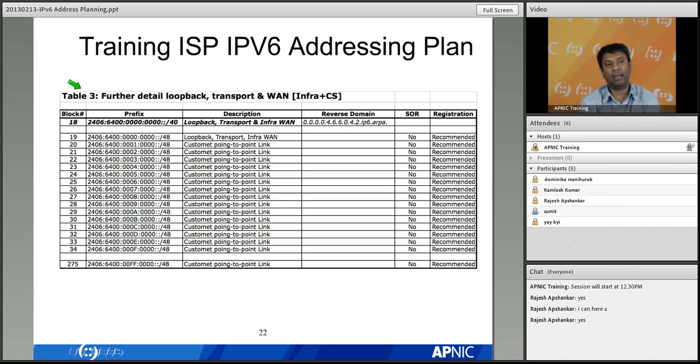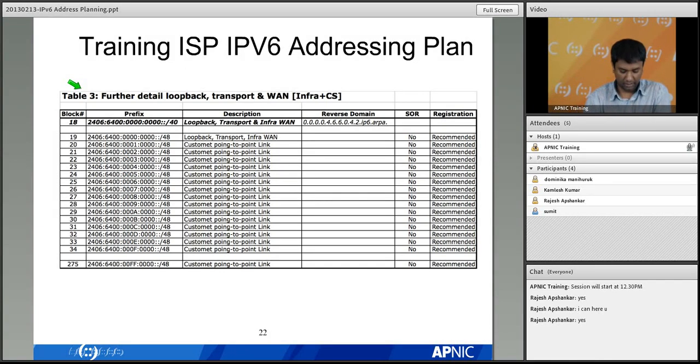For example, on your router 1, if you use the first available address, which is 2406:6400:0:0::1, and if you need to do ping or testing, all loopbacks will have just the short address 2406:6400::1, ::2, ::3. So that's why it's always advisable to use the first available one for the loopback. So you'll have a very short and sweet loopback address for your network.